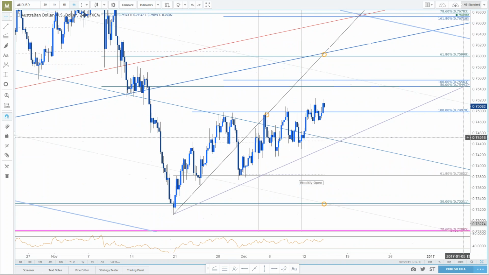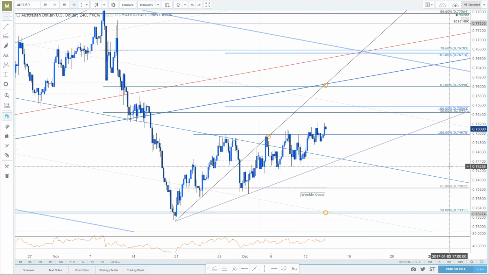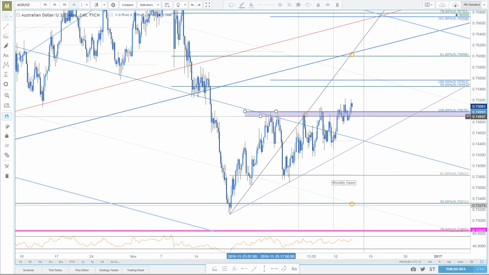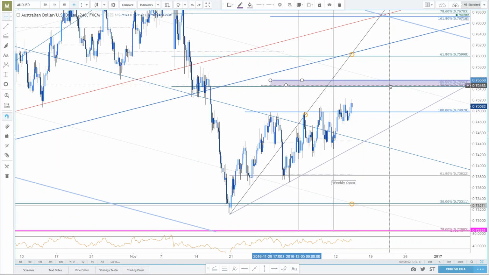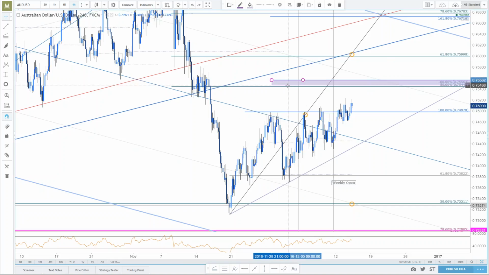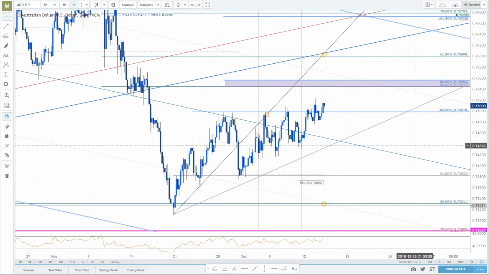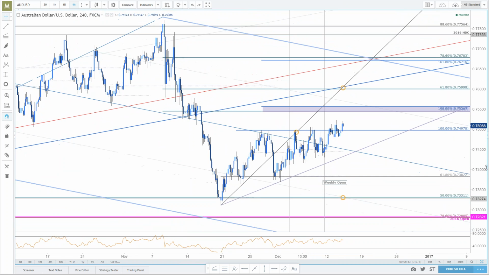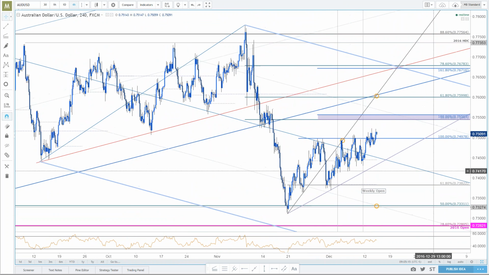Clean this up a bit. There we go. Again, this is a 4-hour chart in the Aussie.